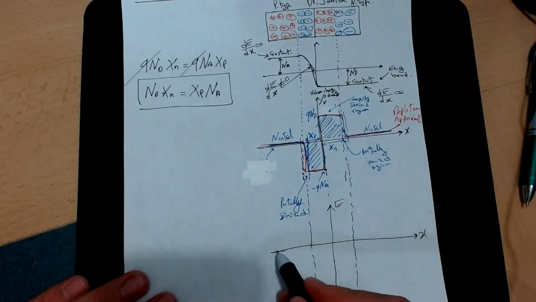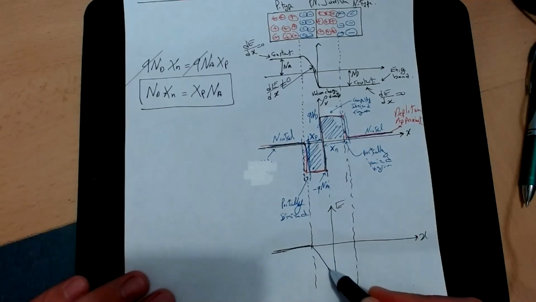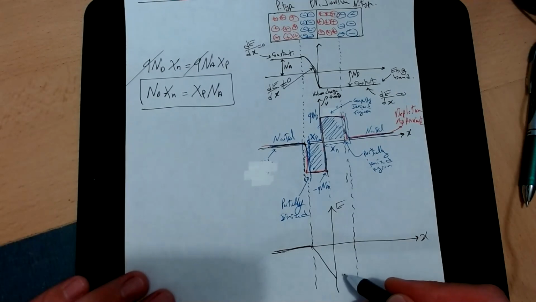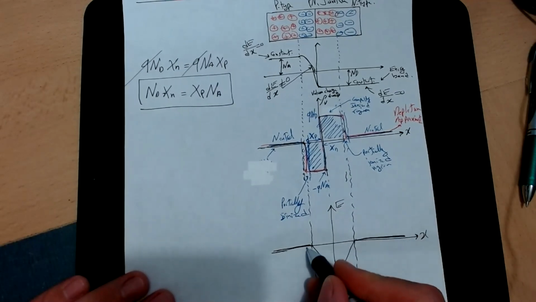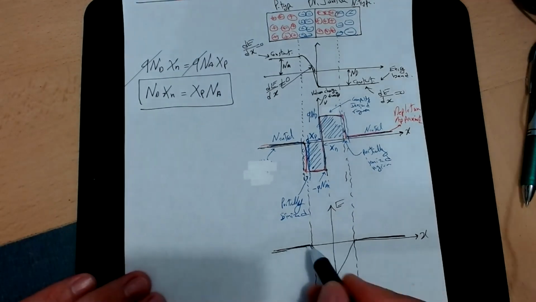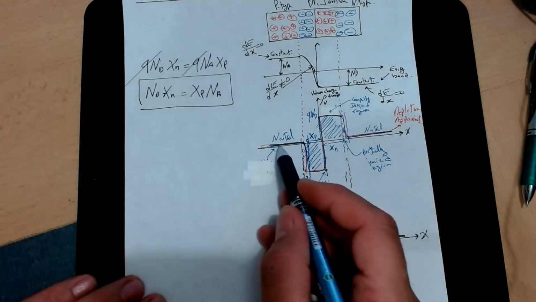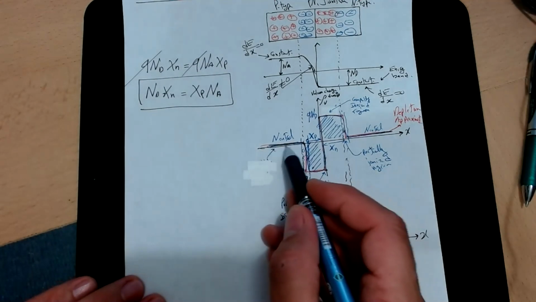There is no electric charge on this side here, and this electric charge will be negative. And then on this side it will go up, and then 0, almost 0. Here, since this is neutral, we can't say that this is exactly 0.